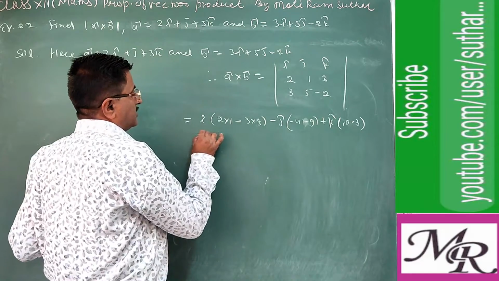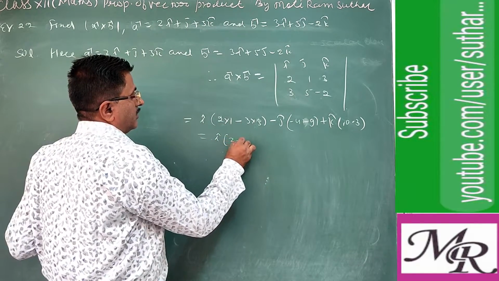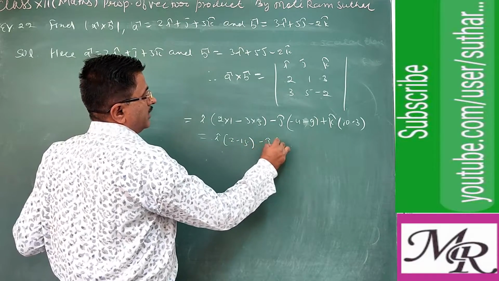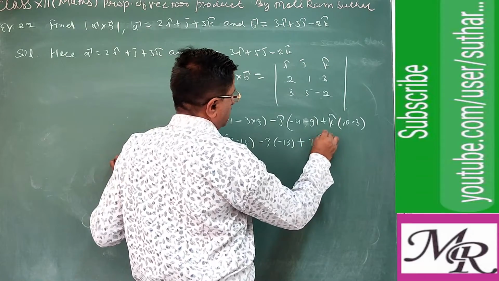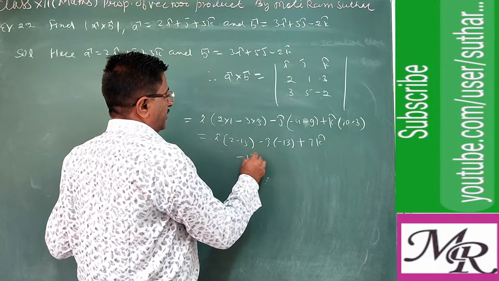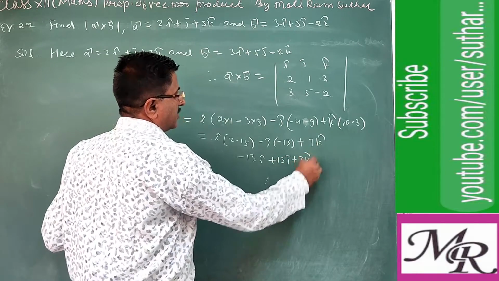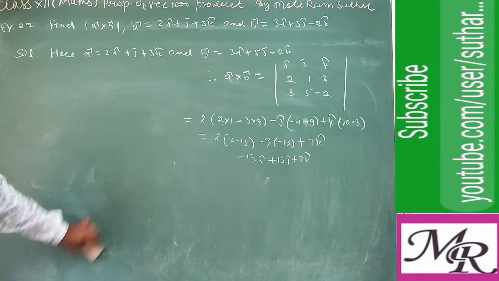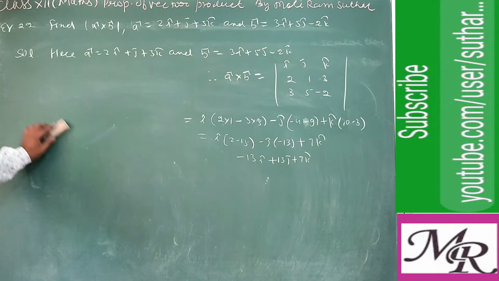So you simplify this: i times 2 minus 15, minus j times minus 13, then 7k. Or minus 13i plus 13j plus 7k. So this is the cross product of the vectors. Clear?